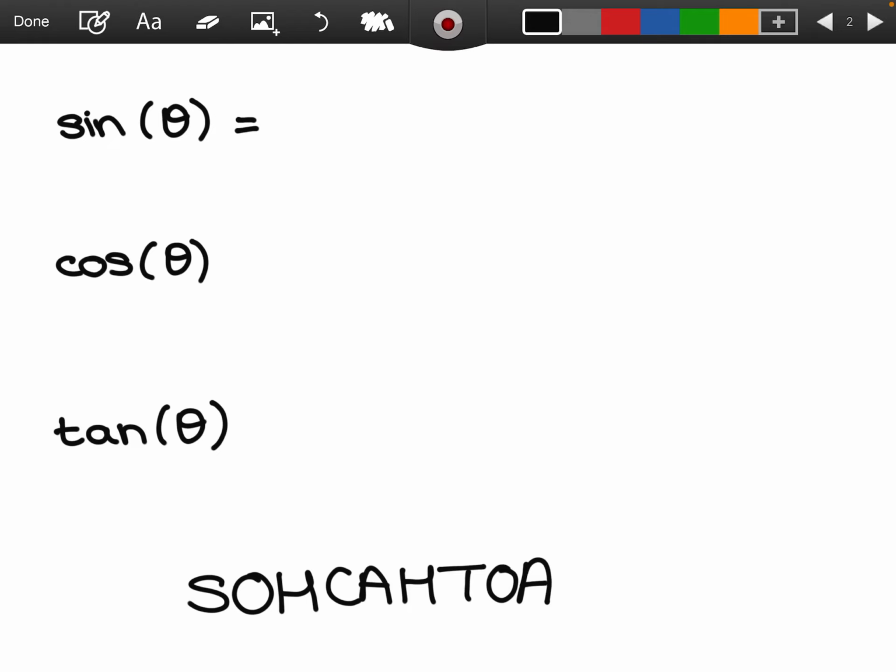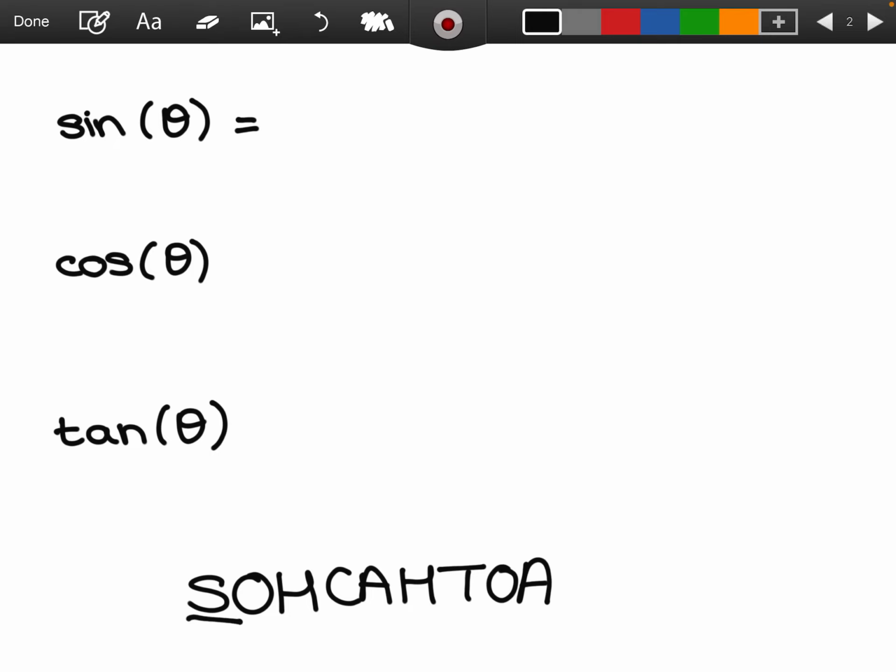This is the way that I've always been taught to remember it, is SOHCAHTOA. Okay, if you remember that, you can always remember how to find sine, cosine and tangent of an angle theta by looking at a right triangle.